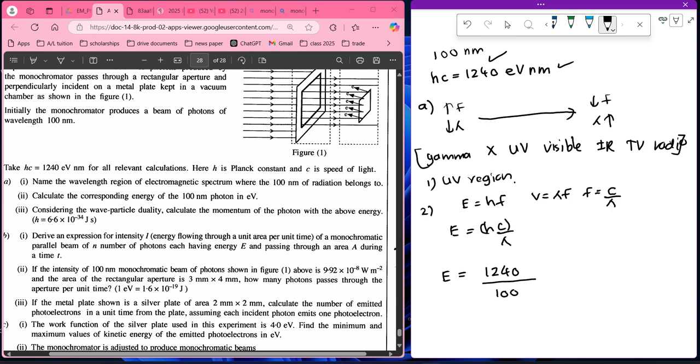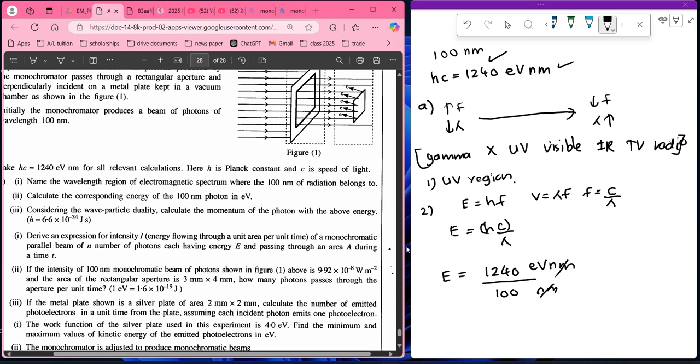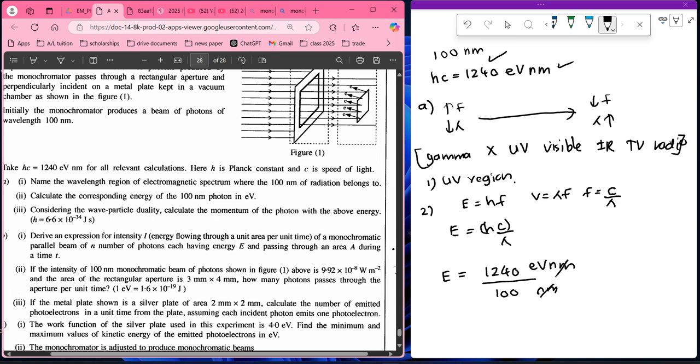Since nanometers is common, the nanometer cancels off. For you to identify that, no need to convert nanometers to 10 to the power minus 9. In the sense, here nanometers will cancel off. So the answer they ask is in eV. So the answer is 12.4 eV.